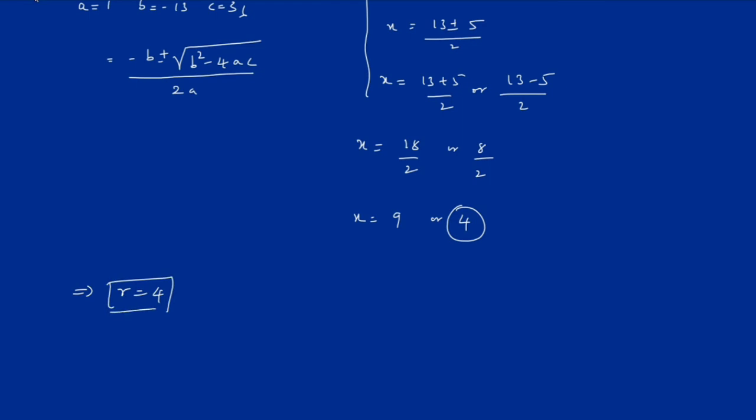Our example is 5PR, right? So usually in the standard form nPr, n must be greater than r, but not less than r. So we can take the R value as 4 here, right? So we'll see the next example now.